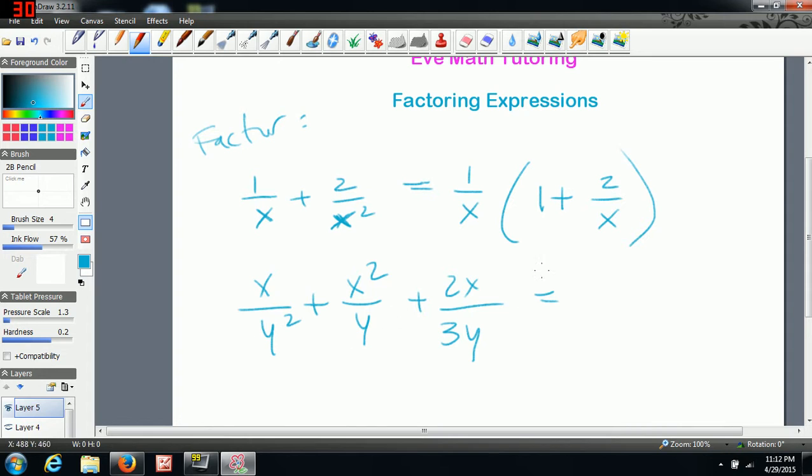If we want to factor something like this, we take out x over y first.